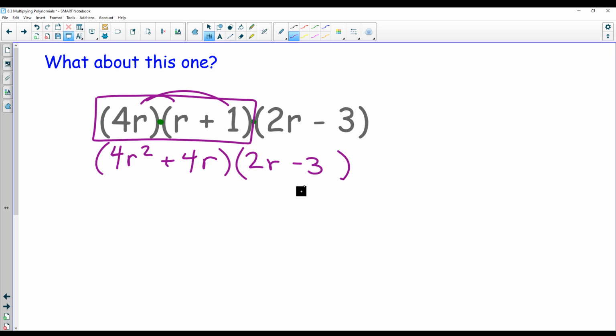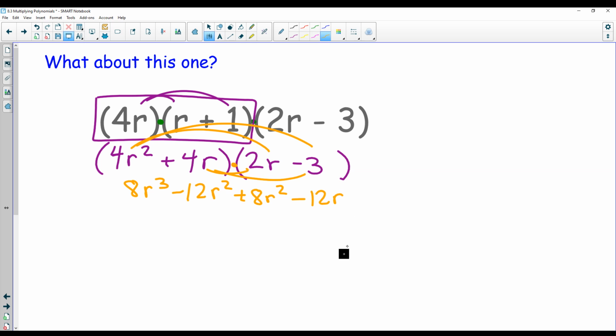So we need to bring this down. And we'll take this answer times the next one. Okay, so that would be 8r cubed minus 12r squared. And now we're going to do the 4r. Okay, so be real careful with your exponents because when it comes to this step, it's the exponents that determine which terms go together and can be combined.